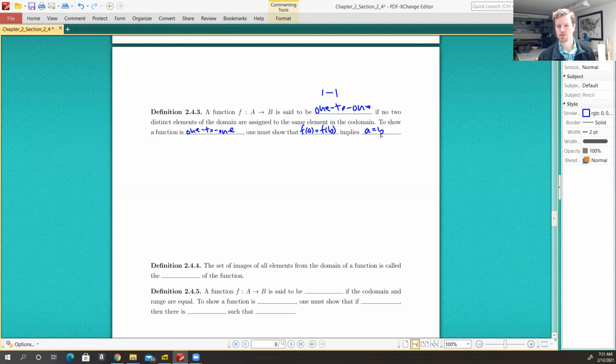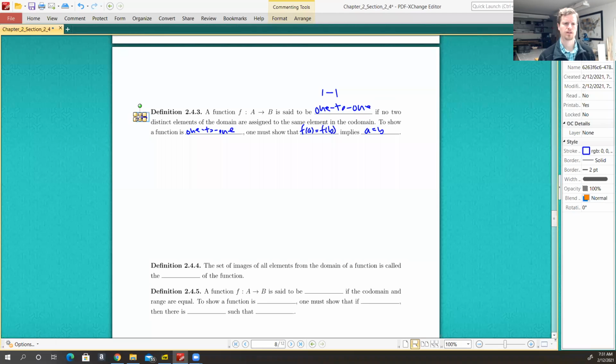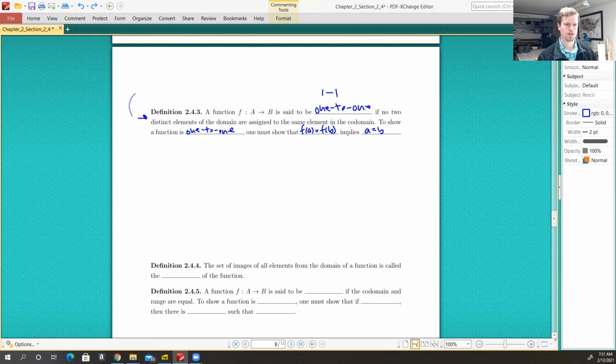Because if a were not equal to b, then f of a would not be equal to f of b. That's what this line says here: if a is not equal to b, then f of a is not equal to f of b.